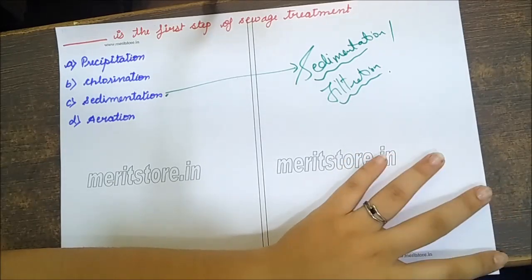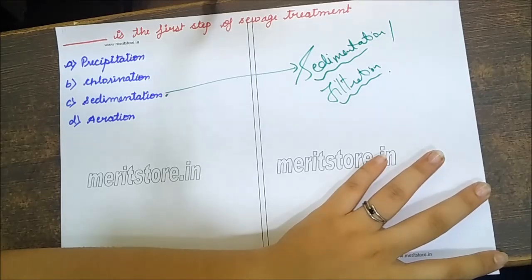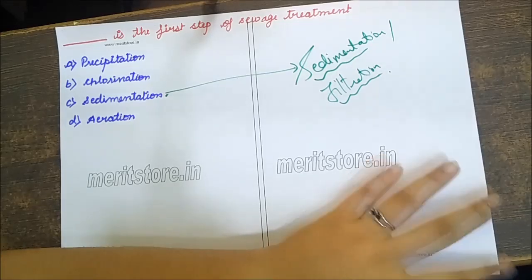The flocks are allowed to settle down in the secondary settling tank. In the settling tank, the bacterial flocks undergo sedimentation. The effluent or supernatant is generally passed into natural water bodies like rivers, ponds, streams, etc.